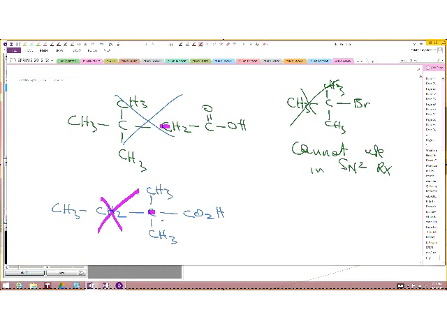And in this case, the alpha carbon must contain hydrogen after the acetoacetic ester synthesis or malonic ester synthesis.